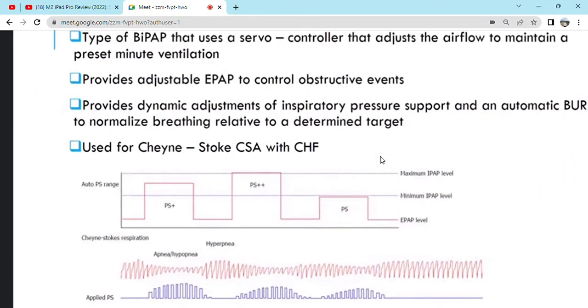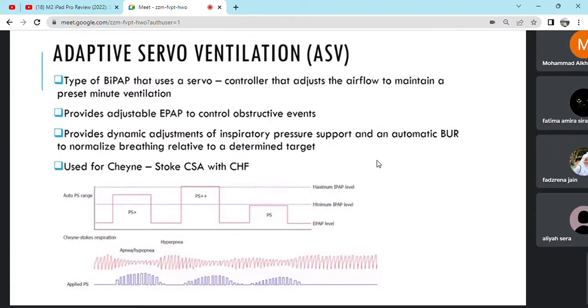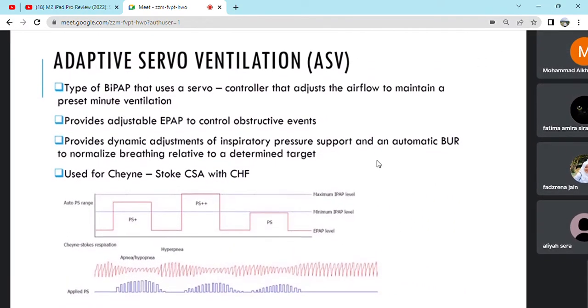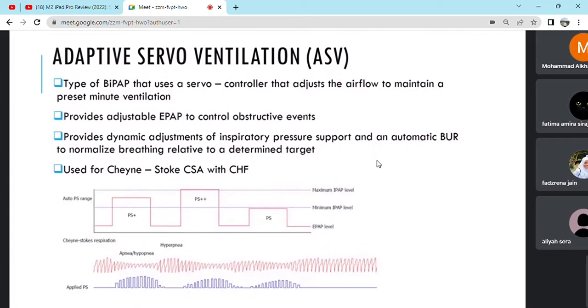So definitely your pressure support will not be given until such time. Look also at the waveforms: what level of pressure support is given by the machine is adjustable, depending on the obstructive events manifested by your patient.